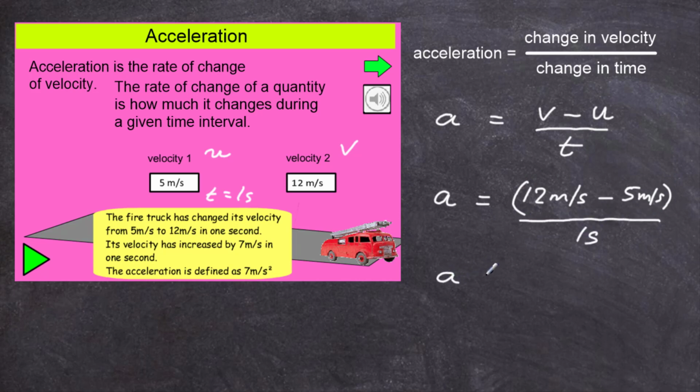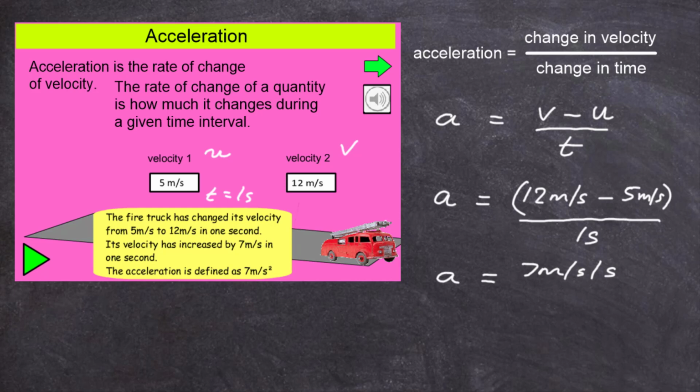So the acceleration from our definition of that little truck is going to be 7 meters per second every second. Now we read it as 7 meters per second every second. That translates as every second that truck is going to increase its velocity by 7 meters per second.